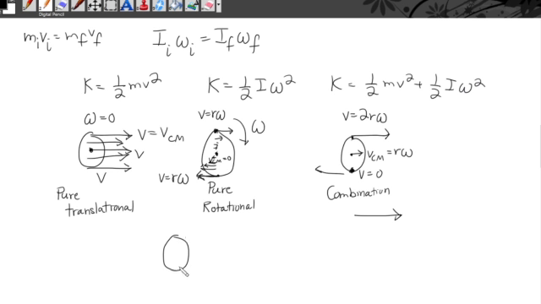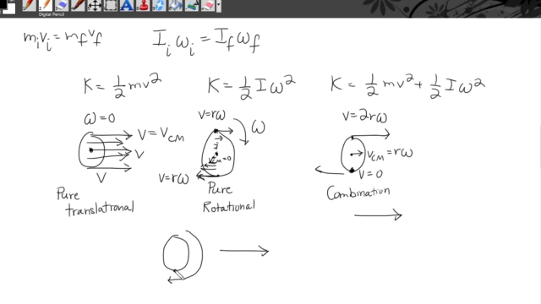Okay, so how a car works. Let's say the car is moving this way. So the wheel would be rotating this way.